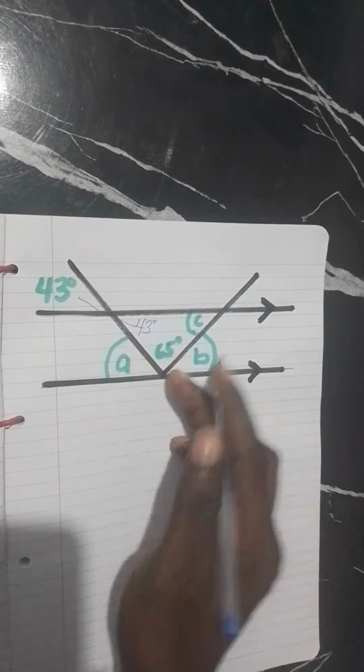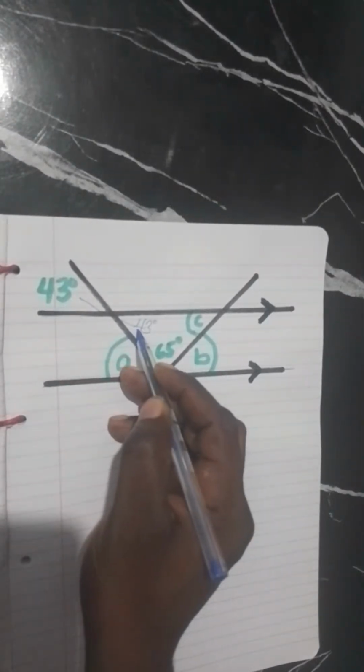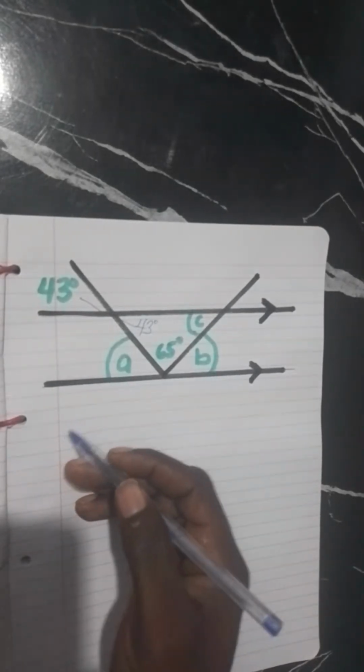We call it vertically opposite angles. Vertically opposite angles are equal. So 43 is equal to this side. That is vertically opposite angles and parallel lines.